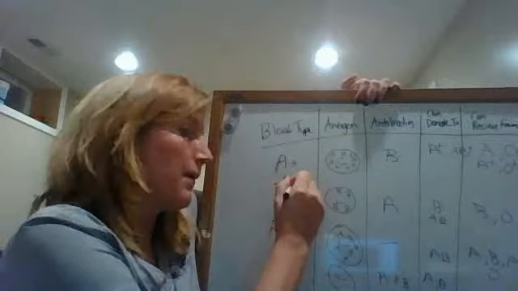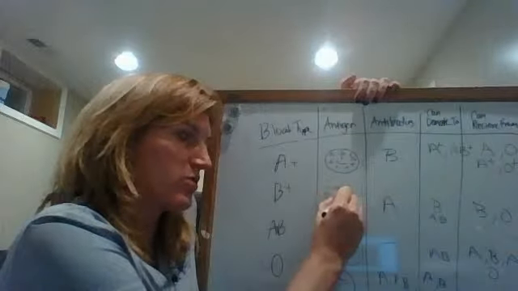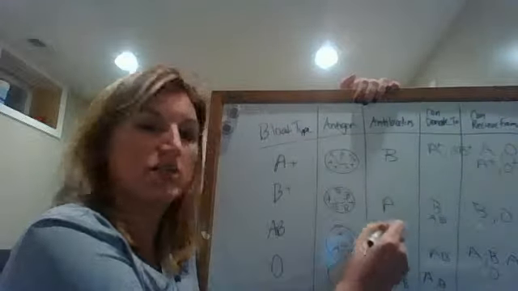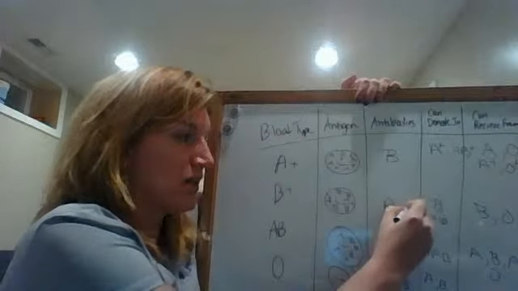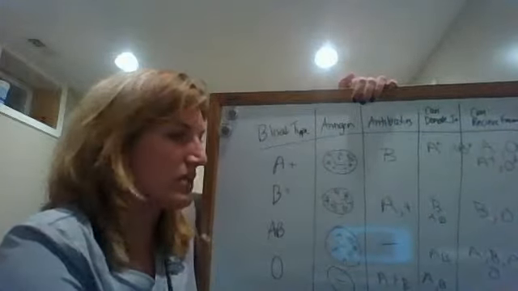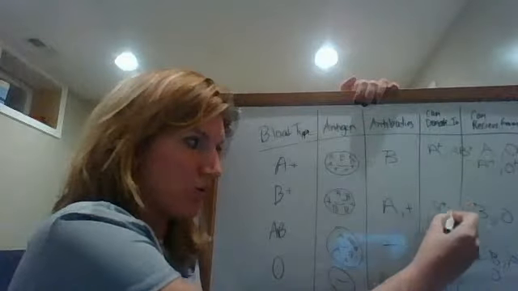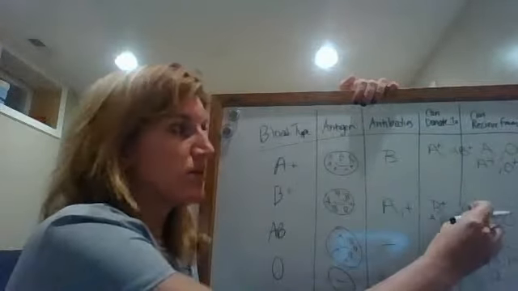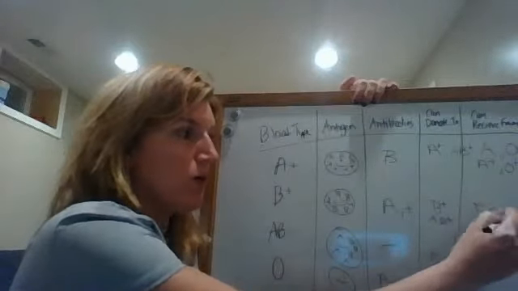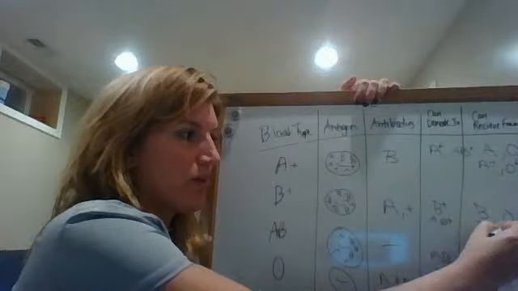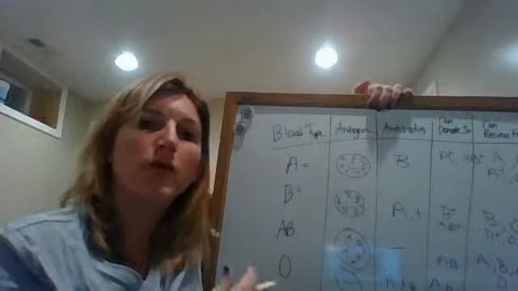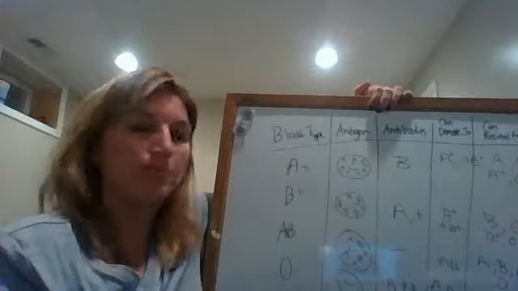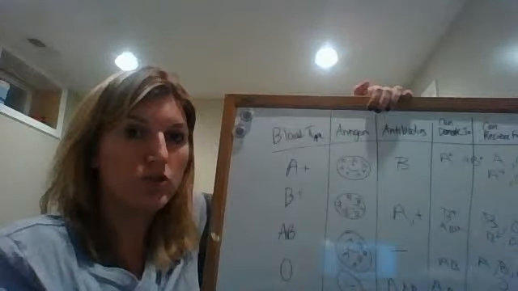People that are B positive, same thing. They just have those extra B antigens, so they have A and RH antibodies. They can donate to other B positives and AB positives. They can receive from B, from O, from B positive, and from O positive. So it's just another factor in there to weigh when thinking about blood donation or transfusion.